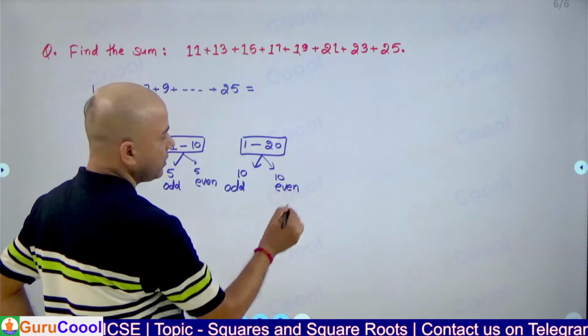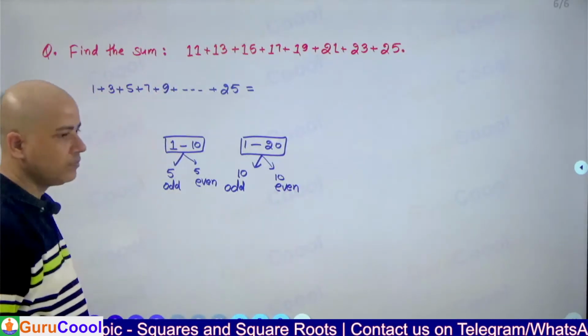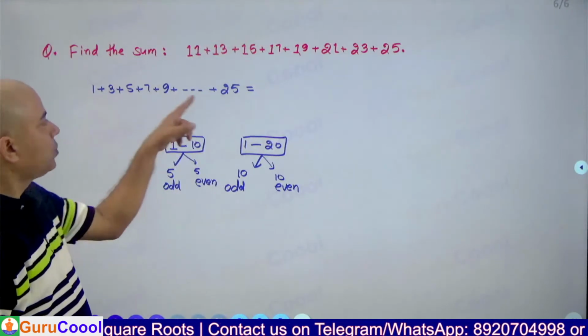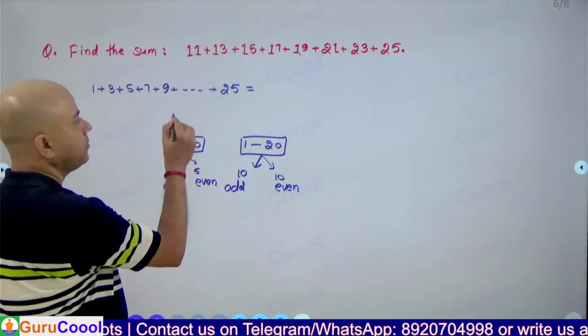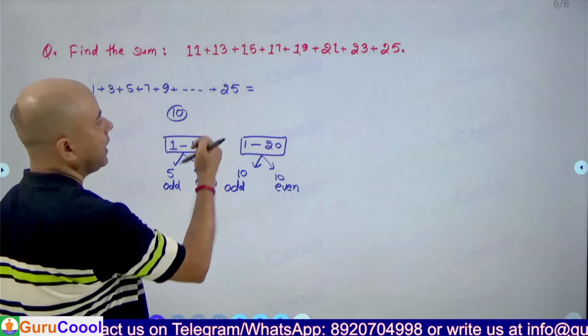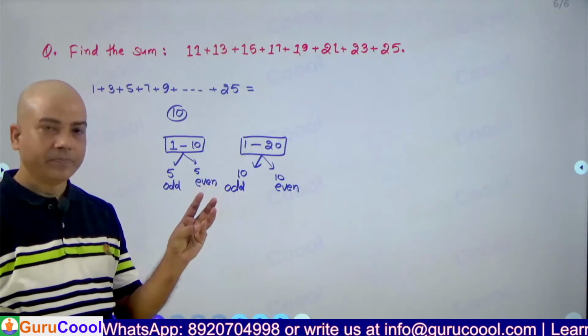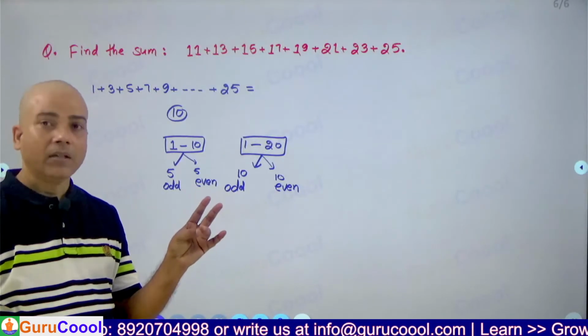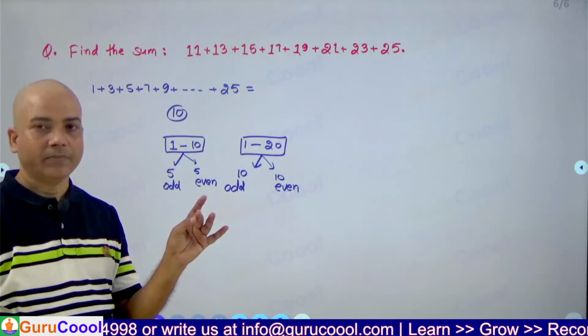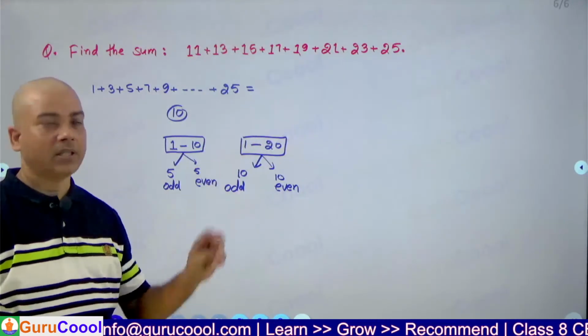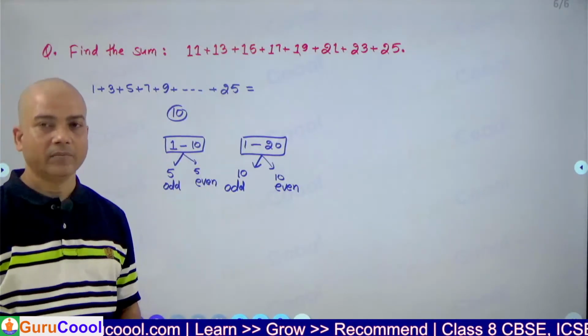Does this make sense to you? Yes, sir. So 1 to 20, there are 10 odd numbers, and after that it is till 25. So extra is 21, 23, 25, 3 extra. 10 plus 3, 13 odd numbers.